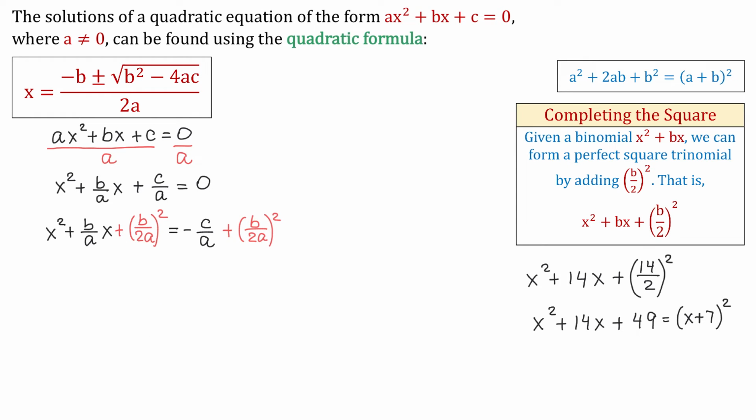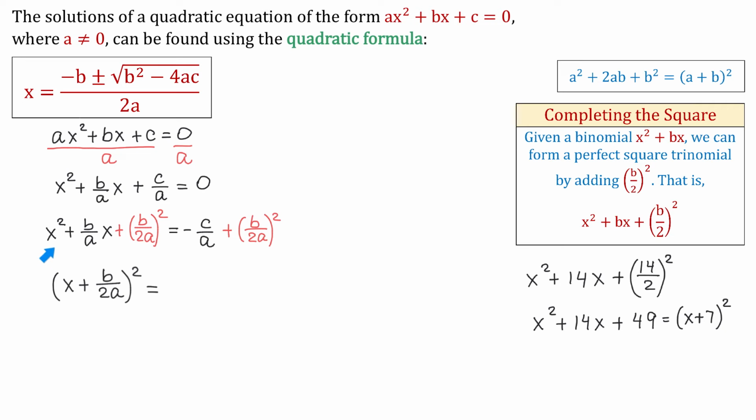Now, in the next step, we will use this formula to factor the perfect square trinomial. For this, we will start a parenthesis and we will bring down x and b over 2a, all this to the second power. So again, in this formula, we take a and we take b, we put them in parentheses, and we raise this binomial to the second power.